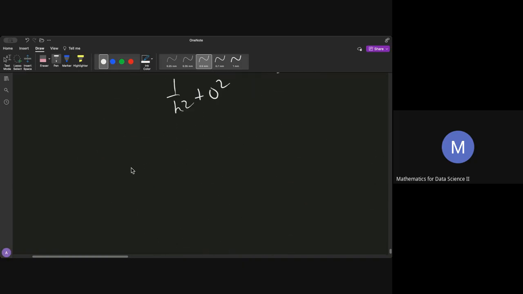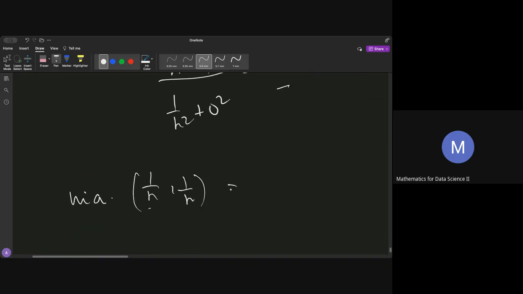So let's try something else. Let's try 1 by n. Taking any one of them 0 is not helping. So let's take (1 by n, 1 by n). What will we get then? We have xy by x square plus y square, right?